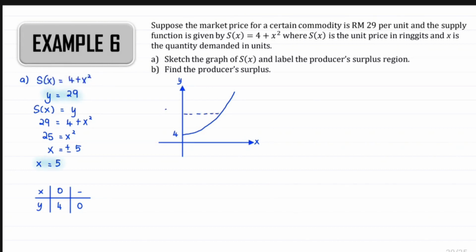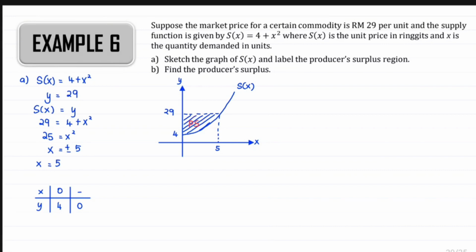This one is the function for supply. Then label the producer surplus region. This area is the region for producer surplus, and we label it as PS.